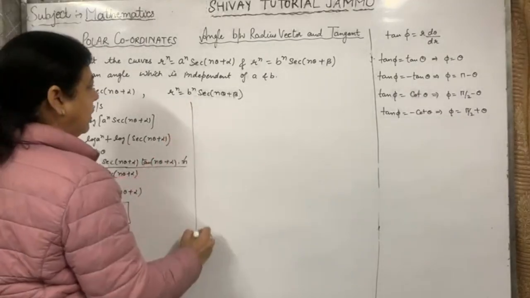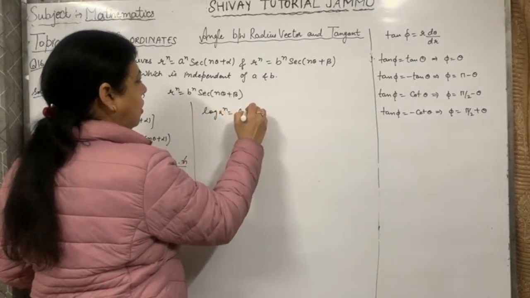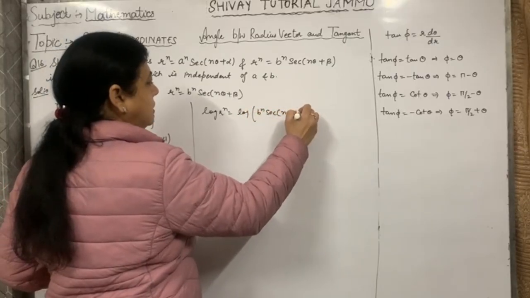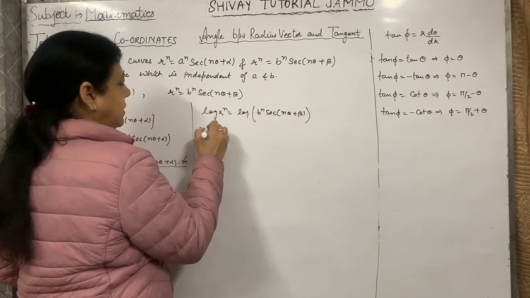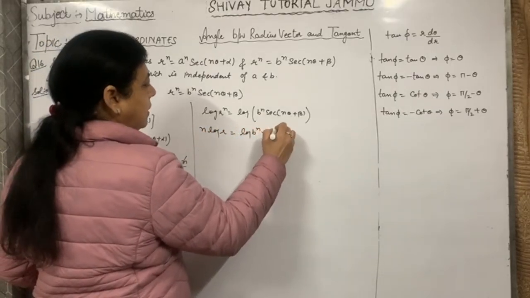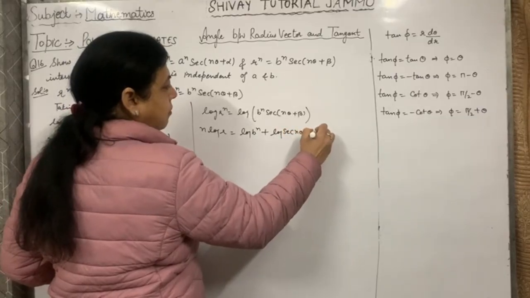Now second curve, again taking log on both sides. Log r raised to power n equals log b raised to power n sec n theta plus beta. Same as before, n log r equals log b raised to power n plus log sec n theta plus beta.